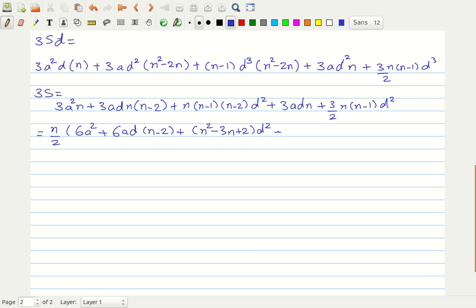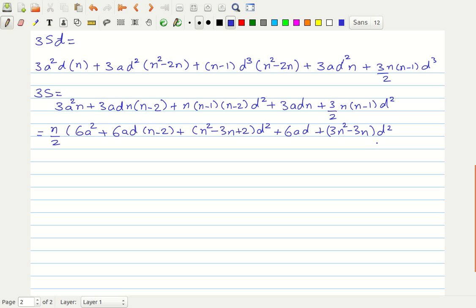This becomes plus 6adn, 6ad because n has been taken out. And this last term over here becomes 3n square minus 3n d square, right?